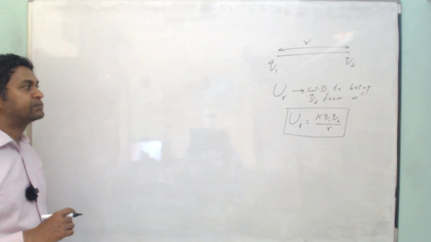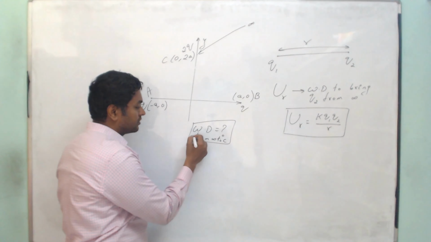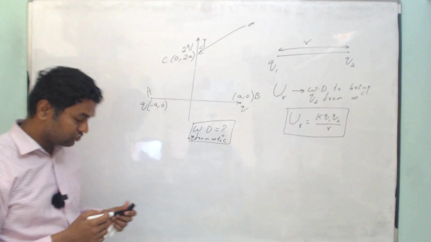Find the work done to bring the charge 2Q from infinity to this particular point. Let's say this is A, this is B, and this is C. So from infinity to point C. Find the work done to bring the charge 2Q.